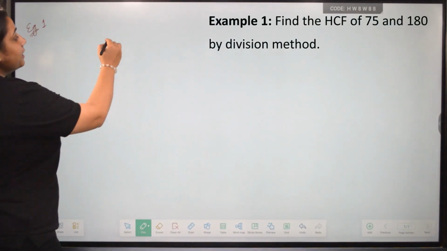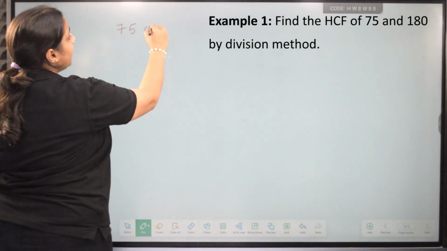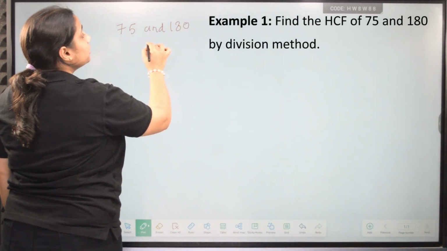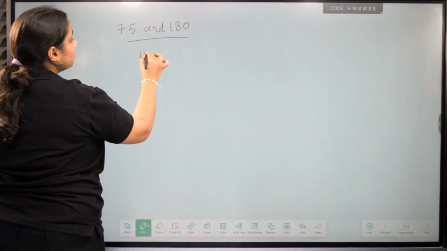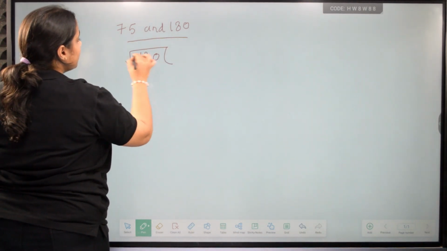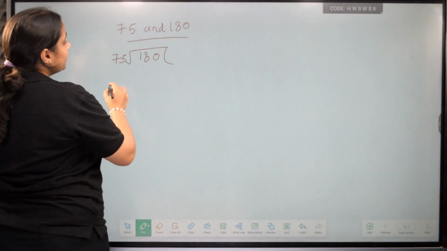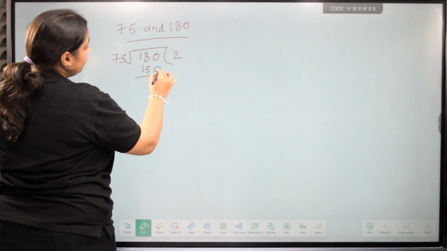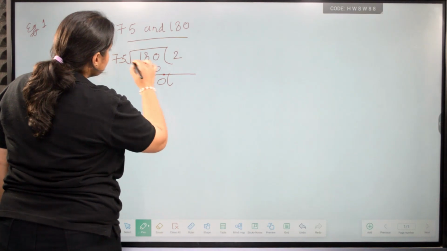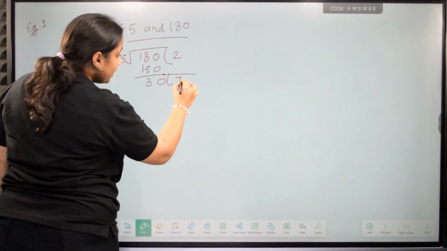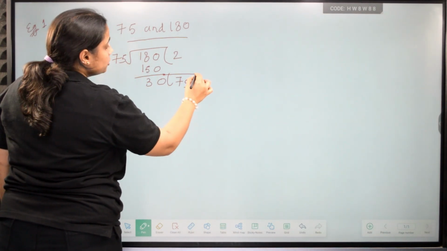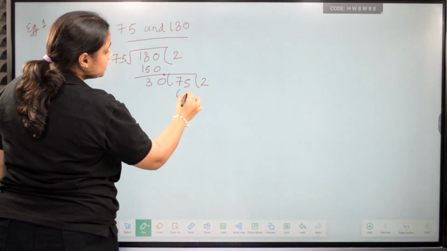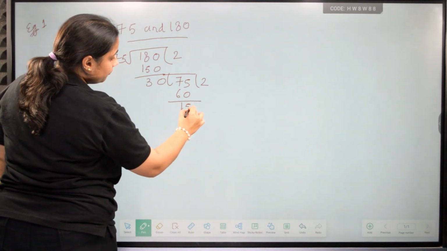Now we have to find the HCF of 75 and 180 using the division method. So let's divide 180 by 75. It goes like 75 into 2 is 150. We'll get 30. Now divide 75 by 30, which goes like 30 into 2 is 60. So it will become 15.